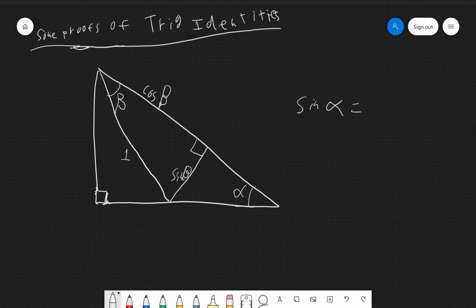So sine of alpha is equal to sine of beta over this length. We're gonna call this x for now. Then the cosine of alpha, because that's what we're trying to find here, is adjacent to angle alpha, so that's equal to this other length over x.